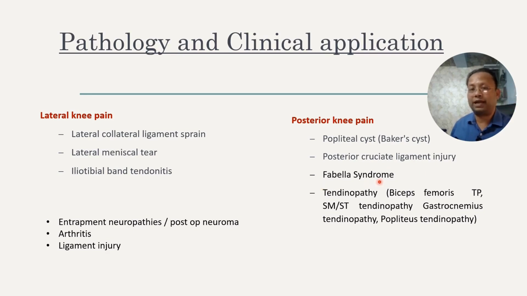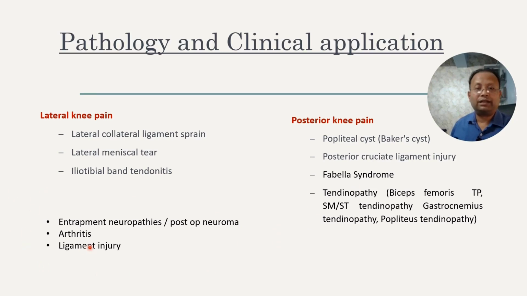That also can cause inflammation, and it can swell up, and there can be pain. Otherwise, different types of tendinopathy can cause posterior knee pain, like biceps femoris tendinopathy, semimembranosus, semitendinosus tendinopathy, gastrocnemius tendinopathy, even popliteus tendinopathy. All these have been reported to date.